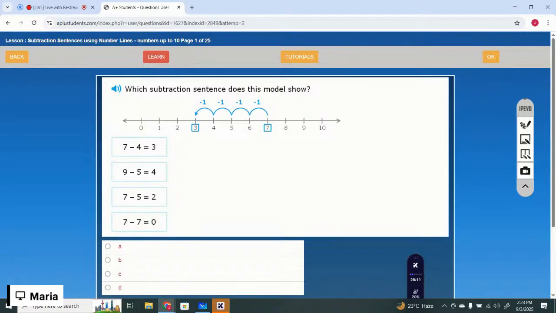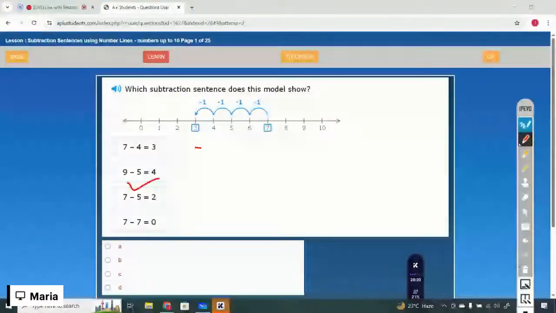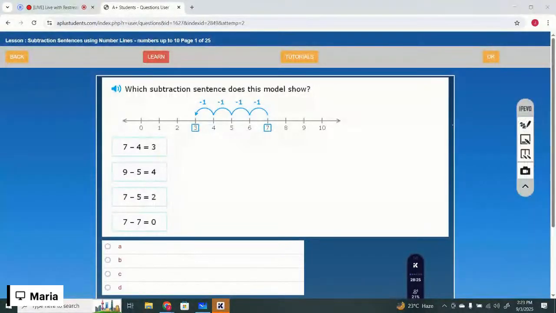So that is 3. So the correct option is 7 take away 4. Option number A is the correct option. That is A.